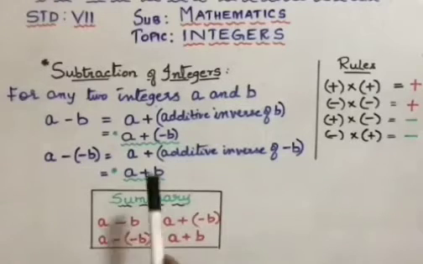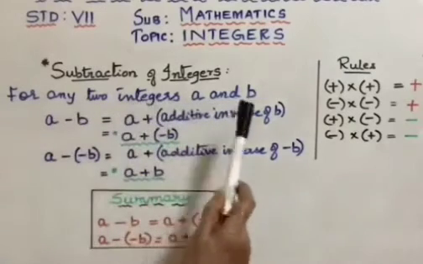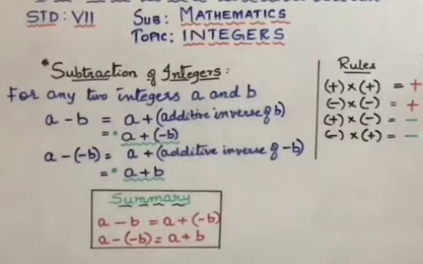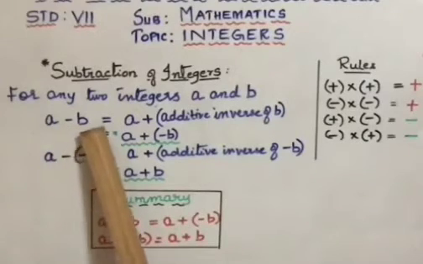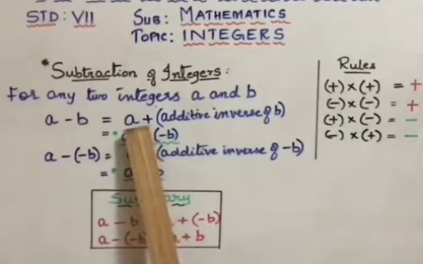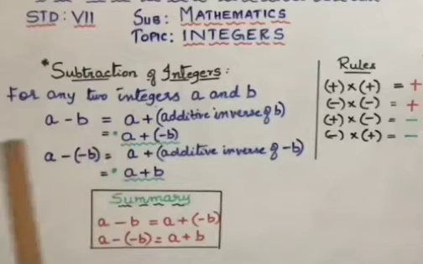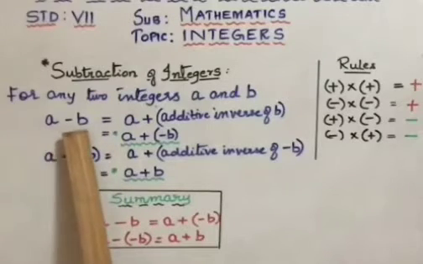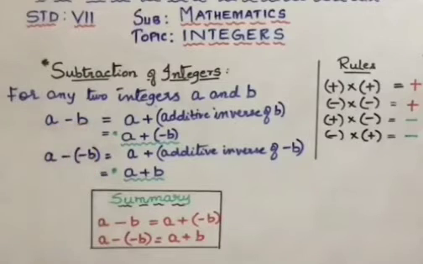Now here I have taken any two integers a and b. a minus b equals a plus additive inverse of b. Here in this case, children, please make a note. This b is positive and we are subtracting a positive integer.